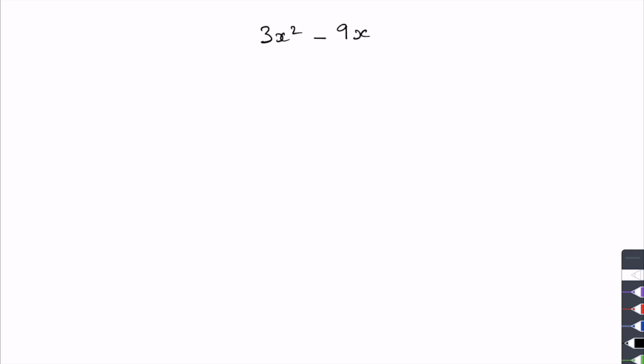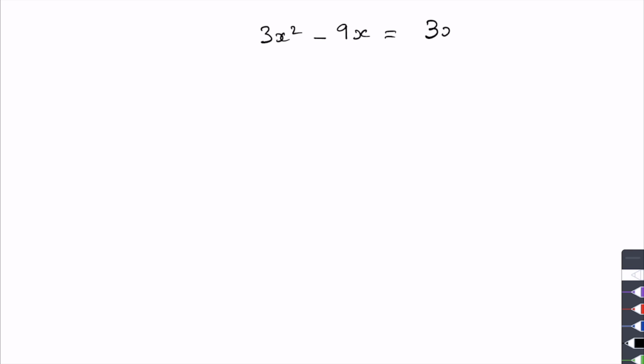Now let's take a look at this one. We have 3x squared minus 9x. Looking at the numbers only, I can see that 3 goes into both 3 and 9, so I'm going to place a 3 outside. I look at the x squared and the x. Now x will go into x squared and x goes into x.